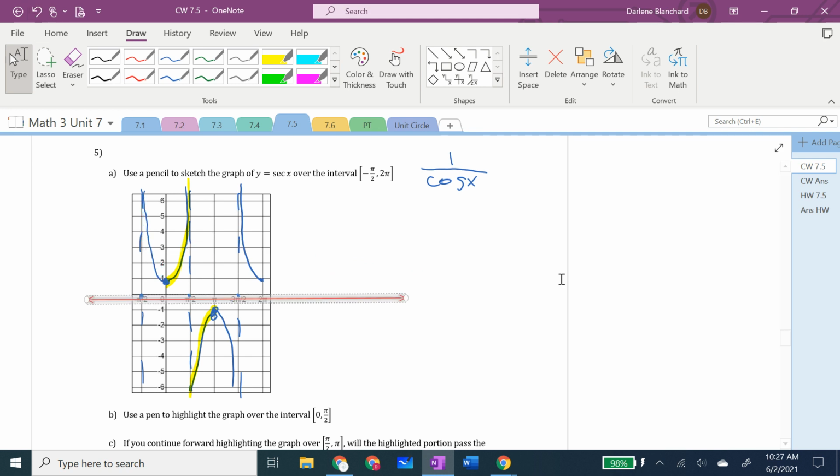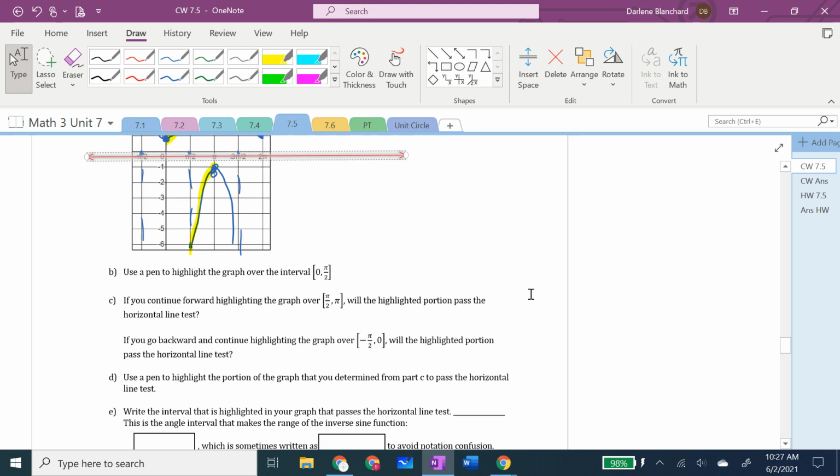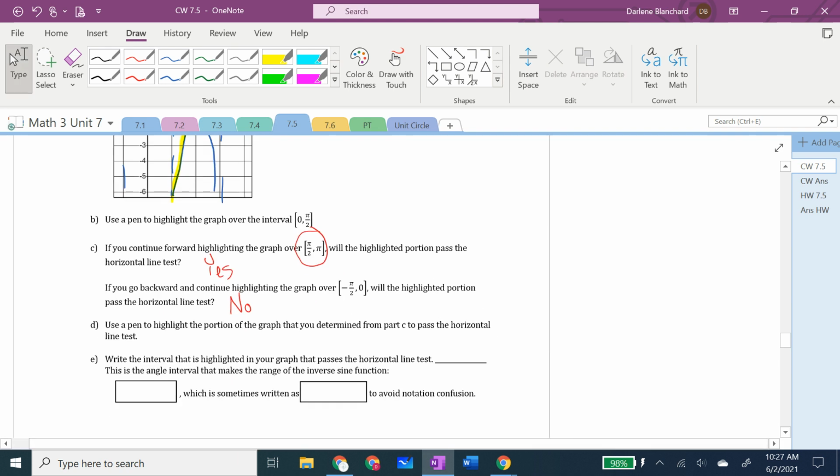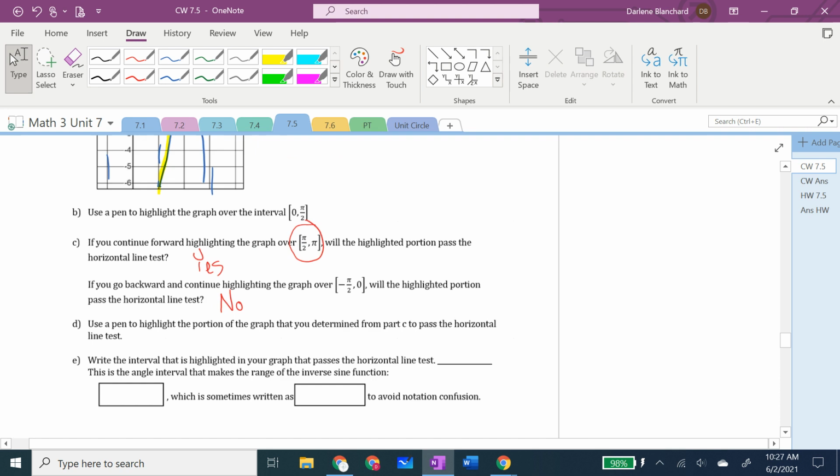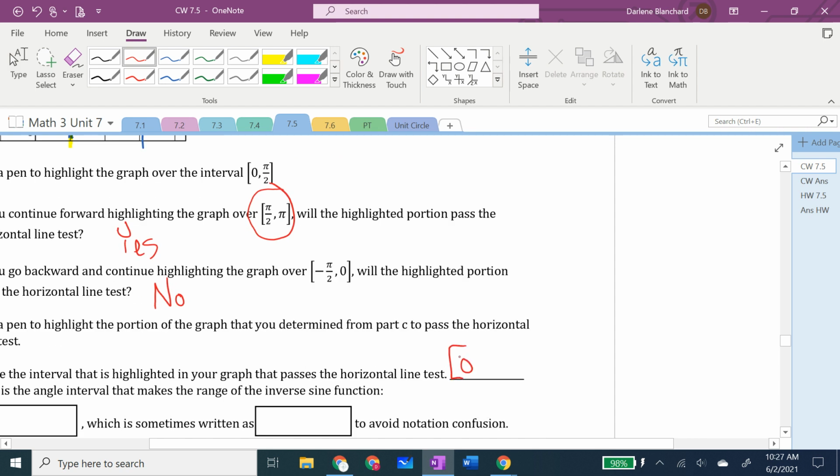So the answers are, for part C, if you continue from pi over 2 to pi, yes, it does pass the horizontal line test, but if you go backward, it does not. Now, what that gives us is from 0 to pi, and 0 is included in the domain of this inverse trig function.